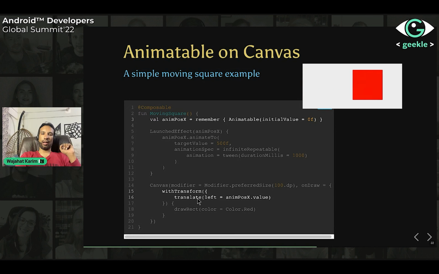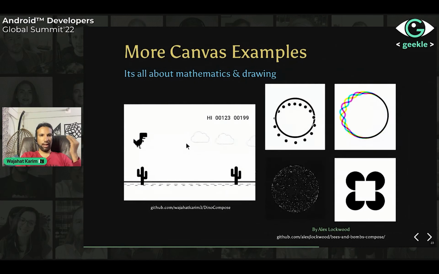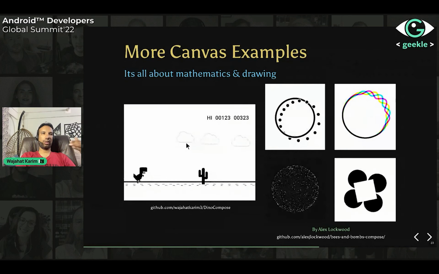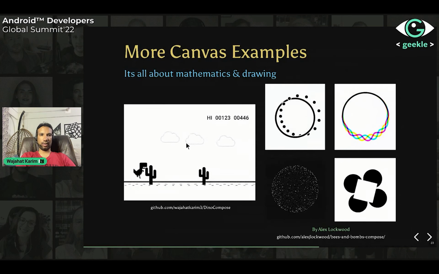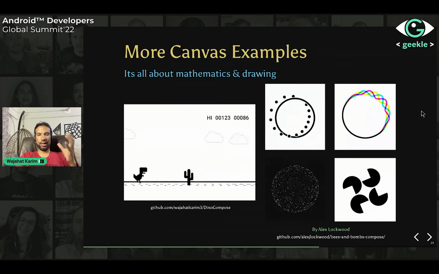So that value is being used to translate the whole canvas, and you can see the square moving around the space. This is the same concept I used in creating this whole game about the T-Rex dinosaur, and these animations are using the same approach.